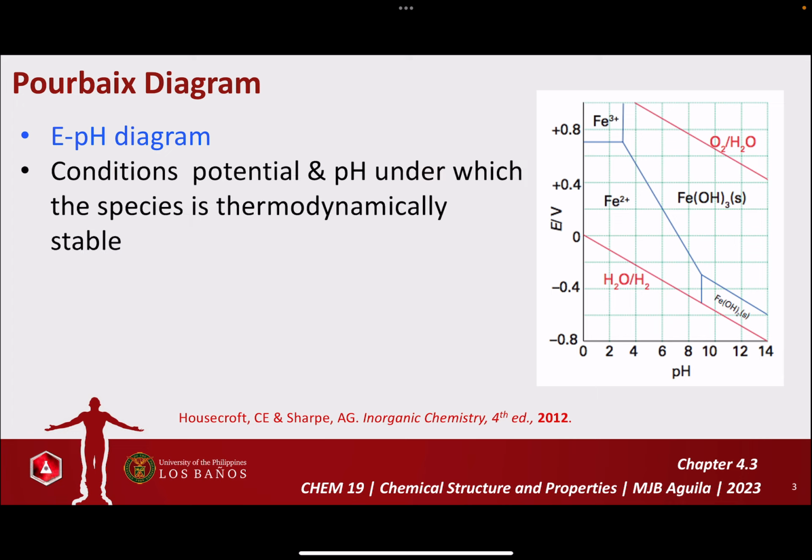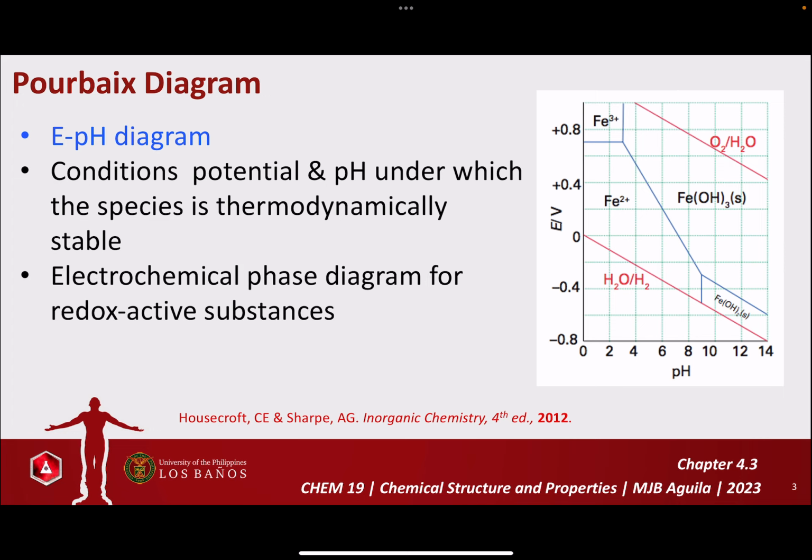So we can see over here that each region is represented by conditions of potential and pH under which that said form or species of the metal or the element is thermodynamically stable. This is an electrochemical phase diagram for redox active substances, but take note that it does not tell us anything about the kinetics of the reaction.